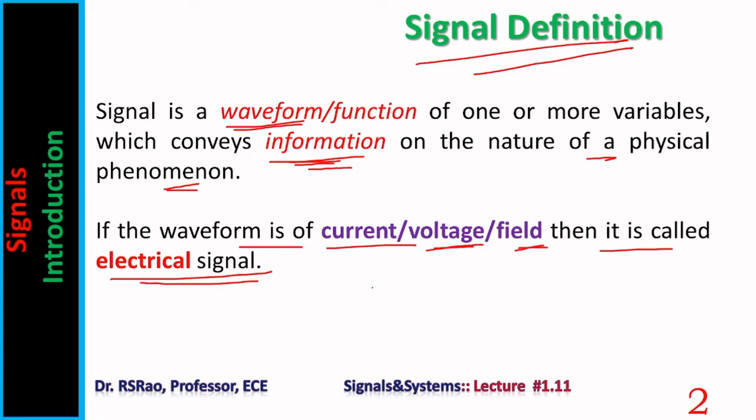A practical example of an electrical signal is the output current or output voltage of a microphone. A microphone converts sound, which is a mechanical signal, into electrical form, into voltage. So in the functioning of a microphone, we have both a mechanical signal as well as an electrical signal.